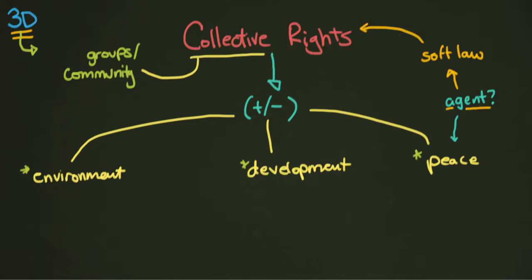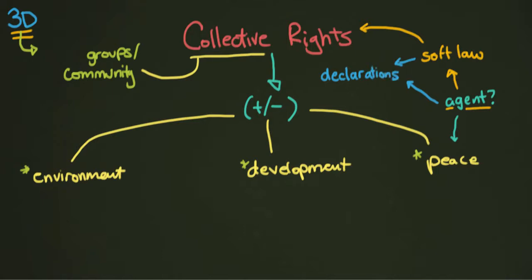These collective rights are seen as something that is aspirational, very much like the second dimension as well. These are sort of the cutting edge of rights. We're still thinking about what they mean and how we implement them and who does them and how all of this works. Because of this, and because we still haven't figured out an agent for some of these things and we still haven't made them law yet, you can look at them in a global framework as just being attached to two or three declarations.